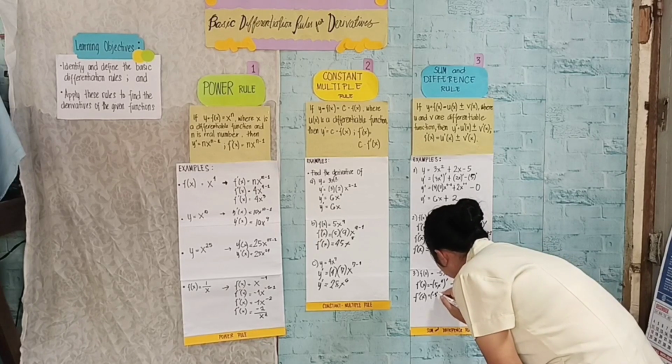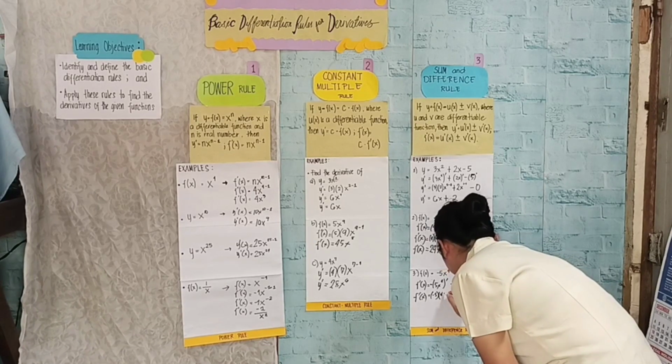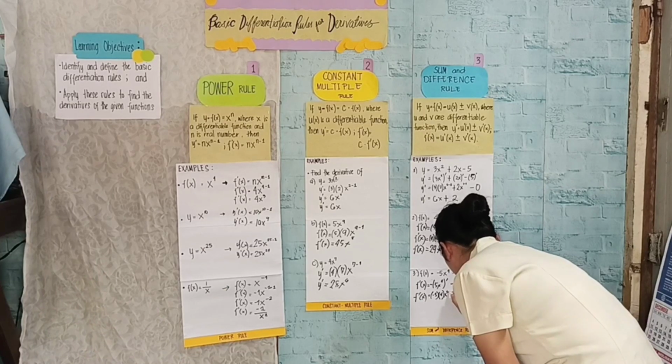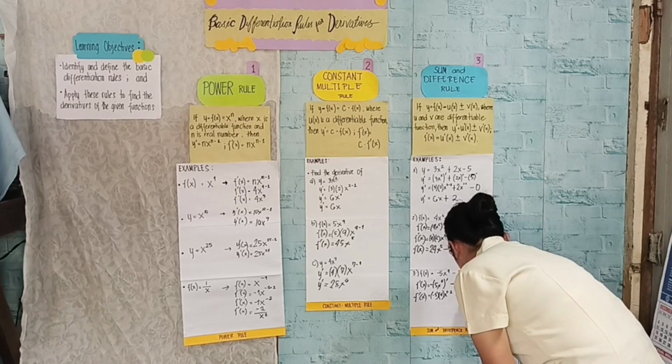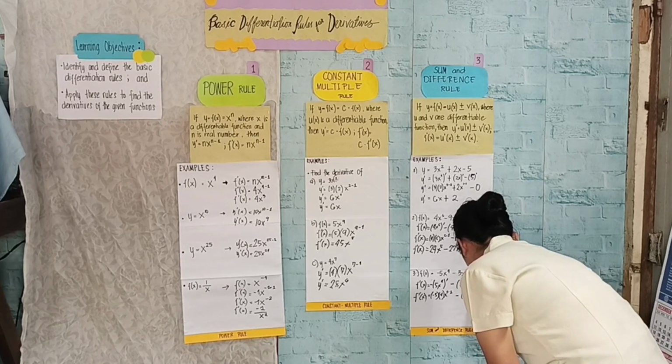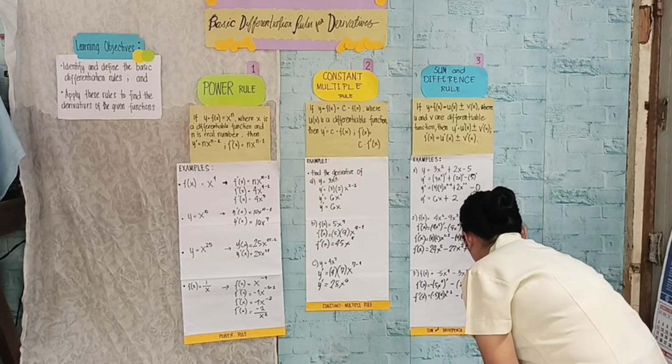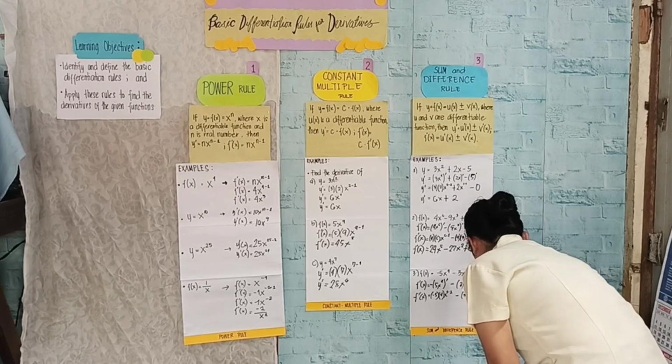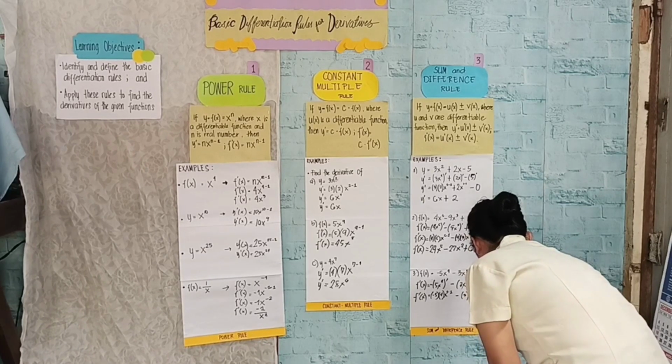Negative 5 times 4x to the 4 minus 1, minus 3 times 11x to the 11 minus 1.